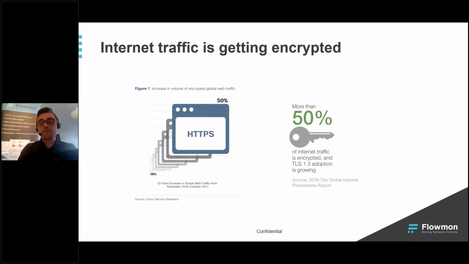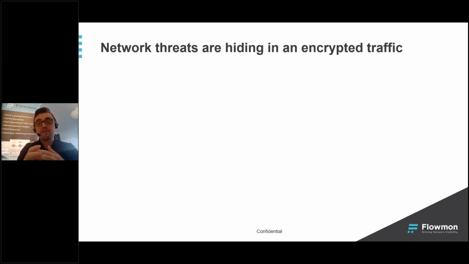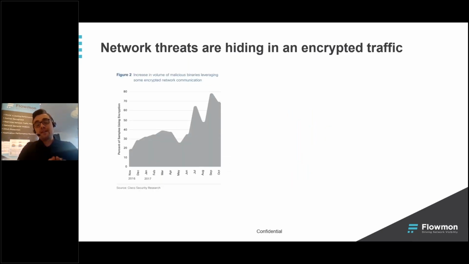But why is this important for us from the security perspective? This is because threats are moving to encrypted traffic as well, because attackers know that hiding in encrypted traffic means a lower probability of detecting their malicious behavior. So that's why reports also state that there has been an increase in malicious binaries hiding in encrypted traffic.